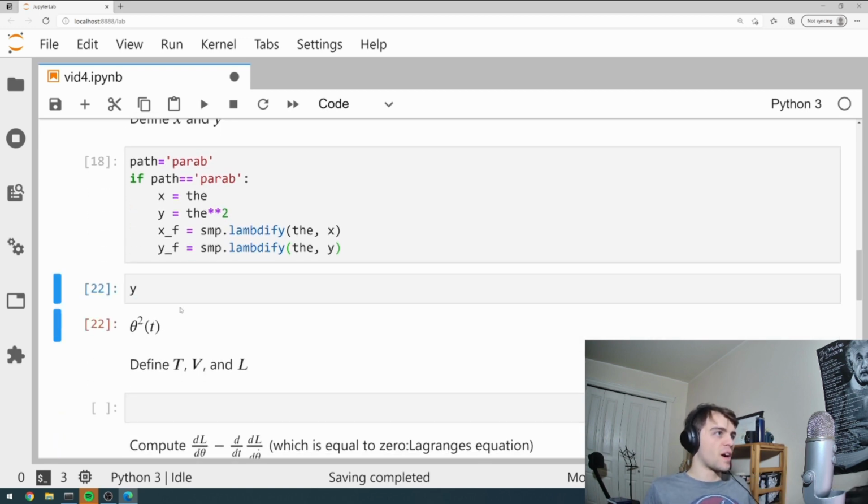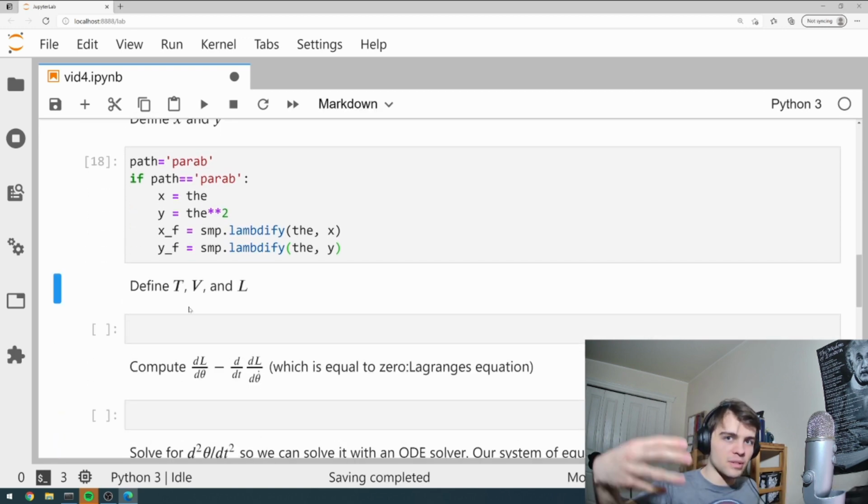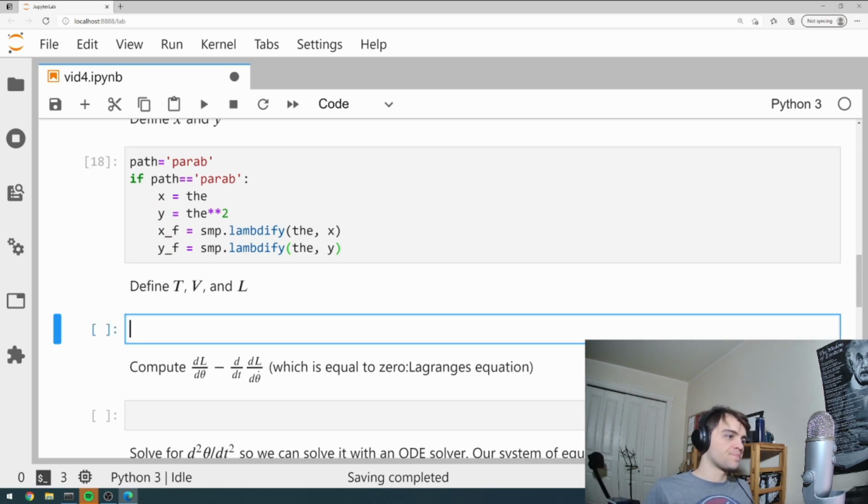Next, we need to define T, V, and L. So we're slowly building up our classical mechanics problem. T is 1/2 times m times the derivative of x with respect to t squared plus the derivative of y with respect to t squared. So I can do that as such in sympy.